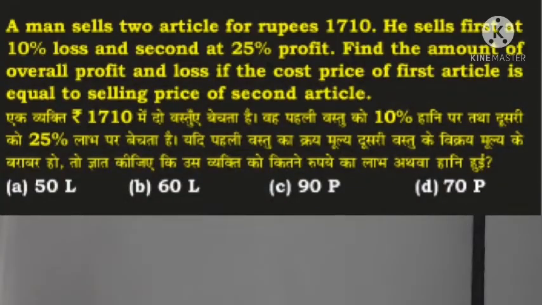A man sells 2 articles for rupees 1710. He sells the first at 10% loss and the second at 25% profit. Find the amount of overall profit or loss if the cost price of the first article is equal to the selling price of the second article.